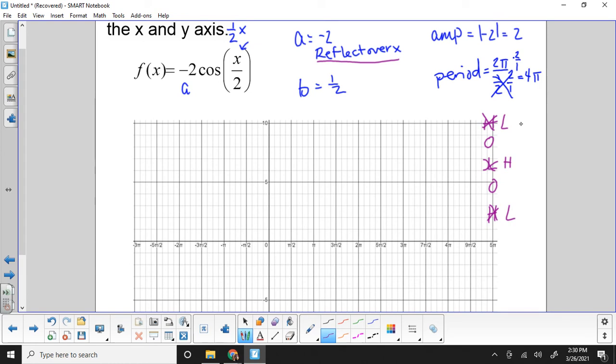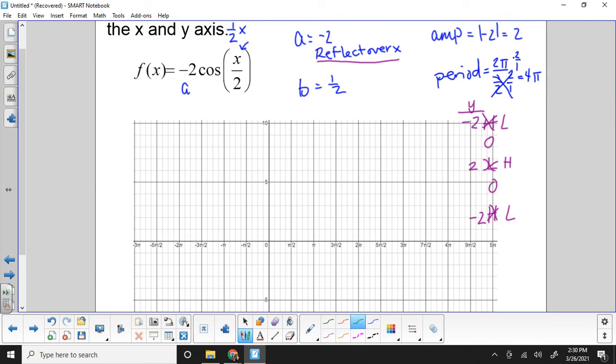I also know that the high and low points are going to be at 2 and -2. So because this is low, it's going to cross on the y-axis at -2. Because this is high, it's going to cross at +2. And because this is low, it will cross at -2.